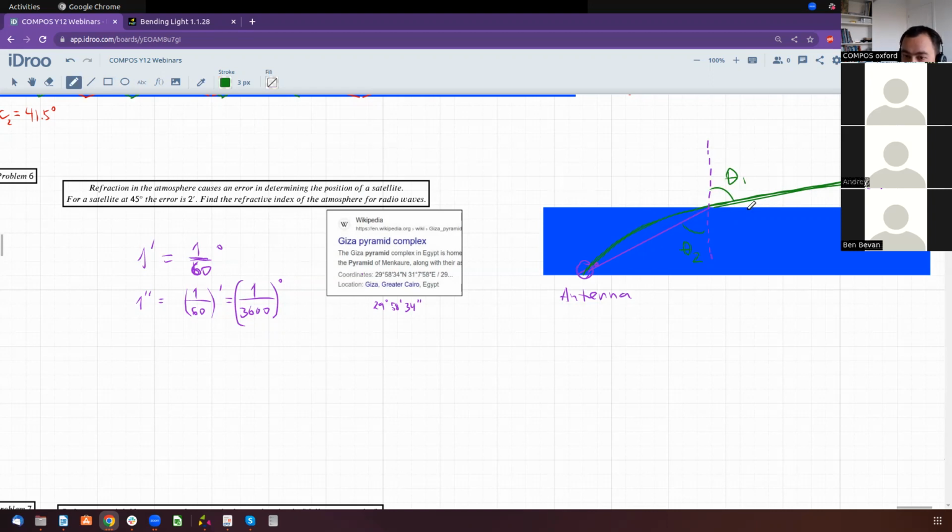Now, what does it mean, the position of the satellite? We think that the satellite is here because the radio signal is coming along the purple line. Oh no, sorry, we're not thinking that. We're thinking that it's coming from the tangent, where the antenna is pointing. So we're thinking more like here.